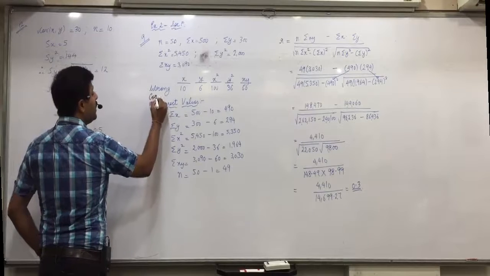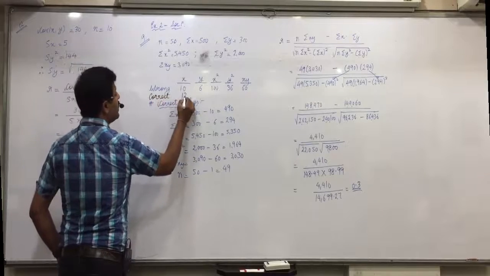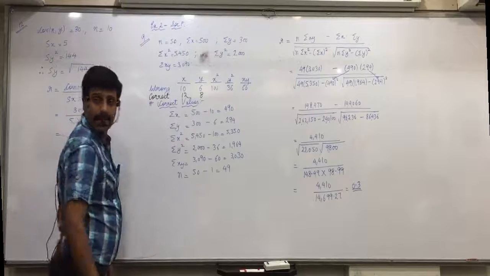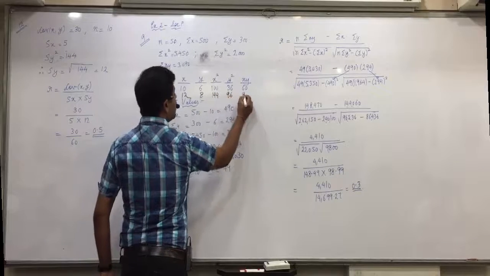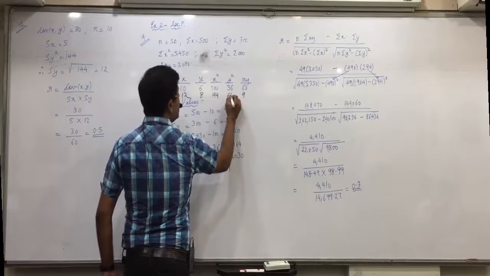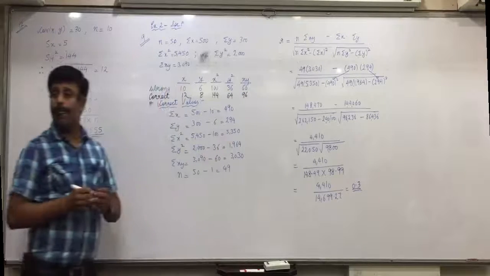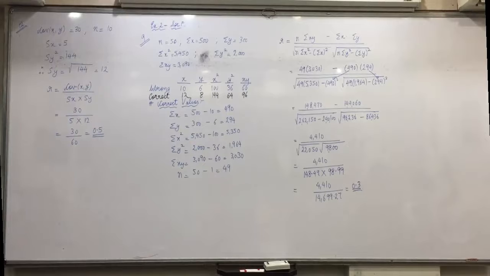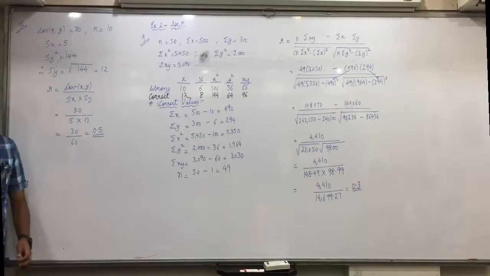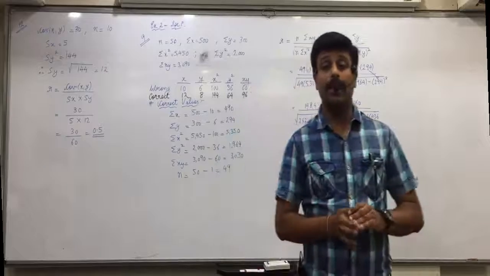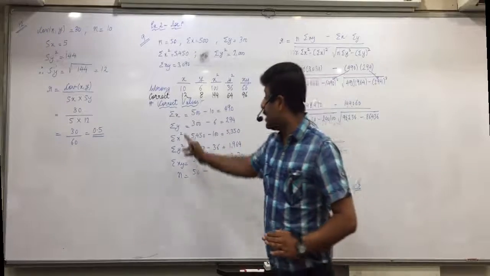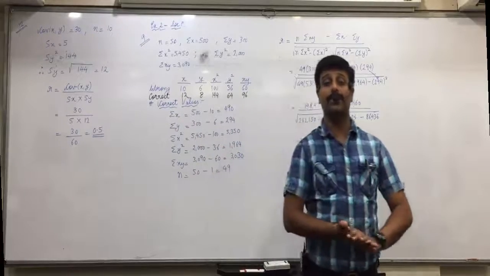Suppose they say that 10 and 6 is taken instead of 12 and 8, so 12 square, 8 square and 12 into 8. The wrong values we have taken are 10 and 6. The correct values were supposed to be 12 and 8. How would you get correct sigma x? Raise your hand.